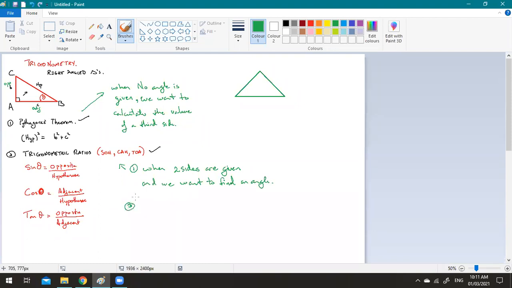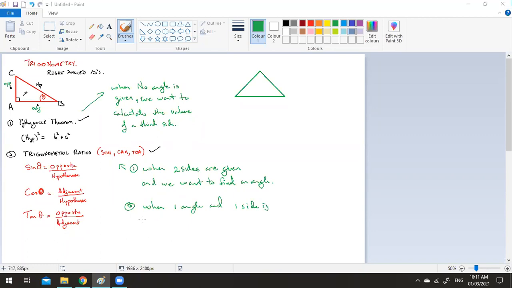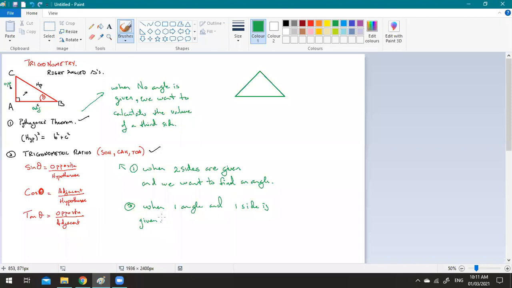And the second one is when one angle and one side are given and we want to find the corresponding side, the third side.